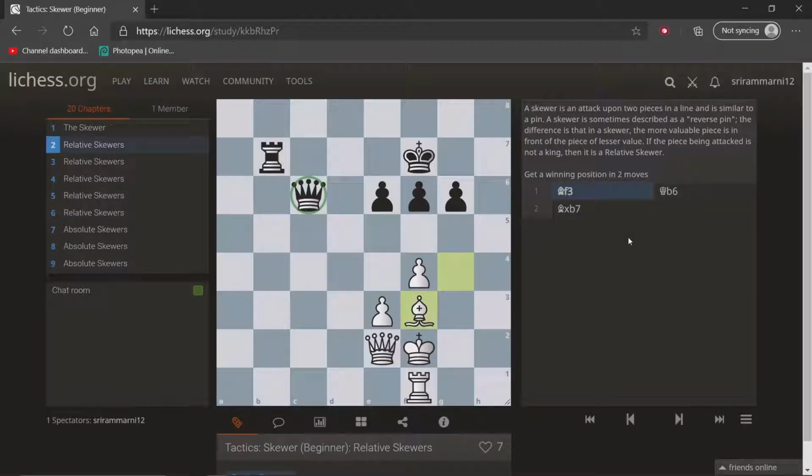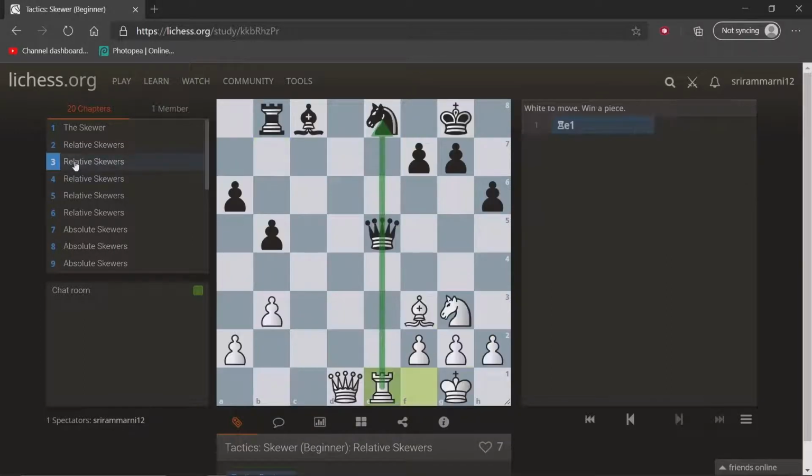But this is a relative skewer because, as you can see, this queen, which would be our second piece, is the piece that's being skewered, not the king. And when it moves away, it reveals that the third piece, the piece behind it, is getting attacked. So now let's move on to some other ones.